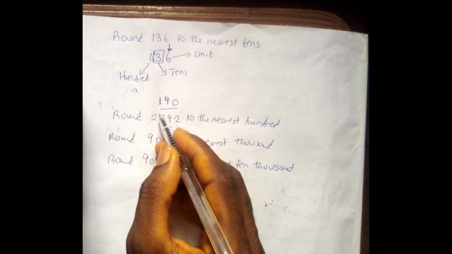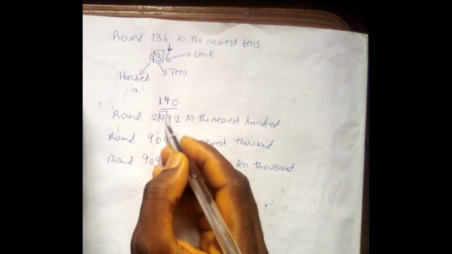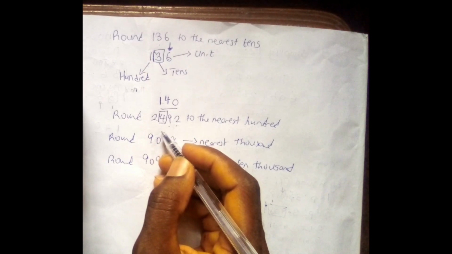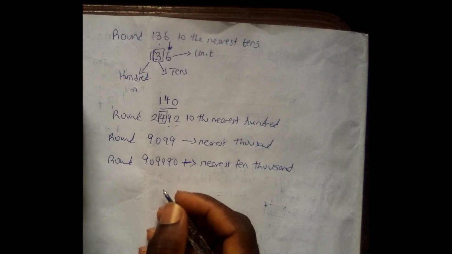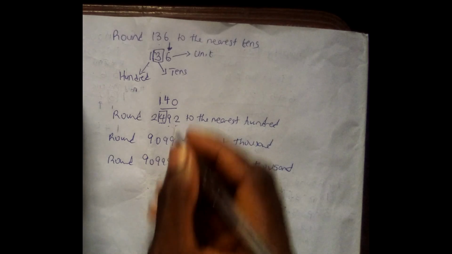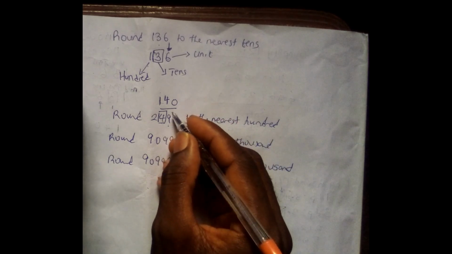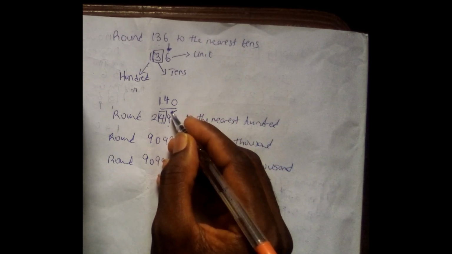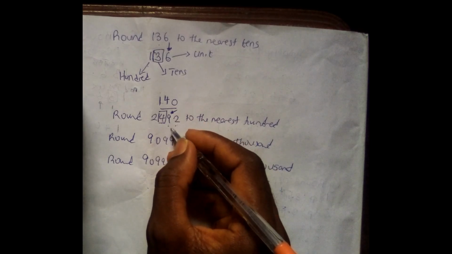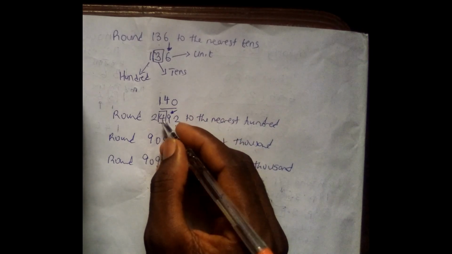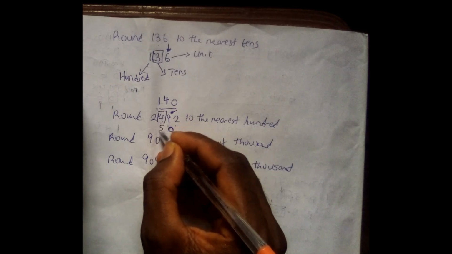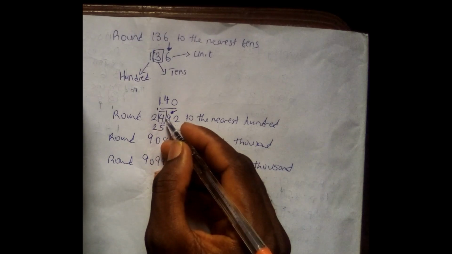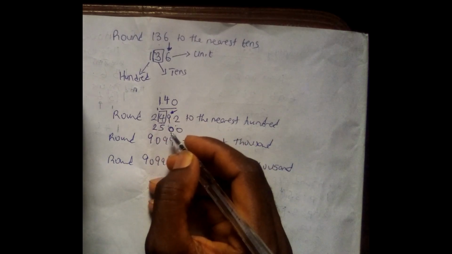So this is the position of the 100, and that's where our focus is. 4 occupies the position of the 100, and so 4 is our major focus. And what will make 4 change is the 9 beside it. 9 will be rounded up to 0. 1 will be added to 4. 1 plus 4 will give us 5. Then 2. Then every number outside this box turns to 0. And this is our answer.